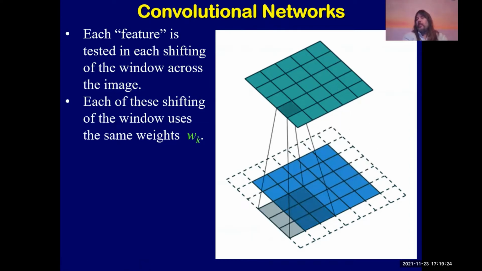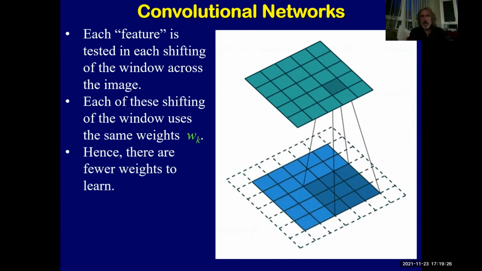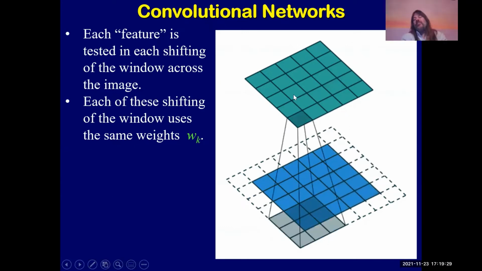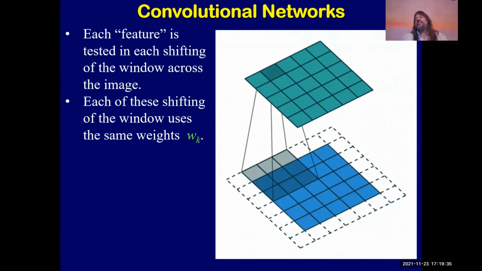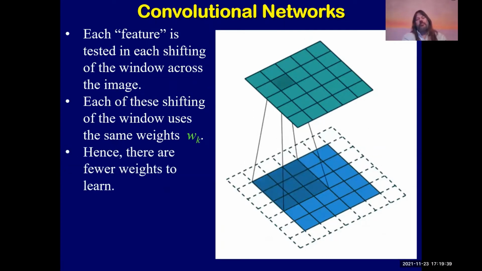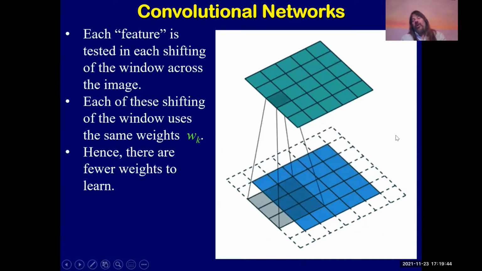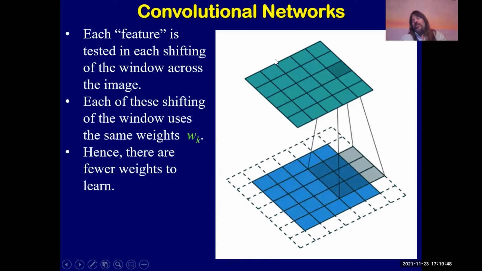Does that make sense? It looks to me like it's scanning. It's a scanning process. Yeah, it's all happening in parallel at the same time. There's not really a sense of it happening in time, it's happening in parallel, but you're right. The advantage of this is that to go from this huge image to this reporting of the feature only requires learning 9 weights.